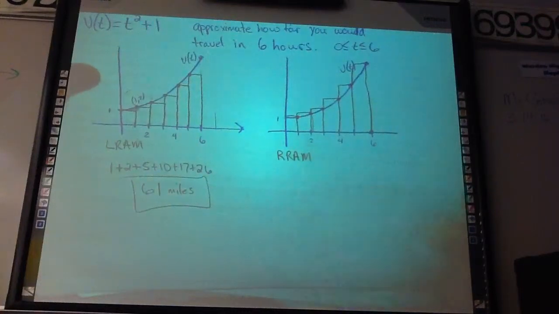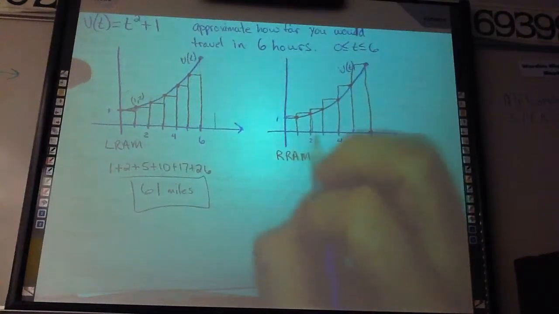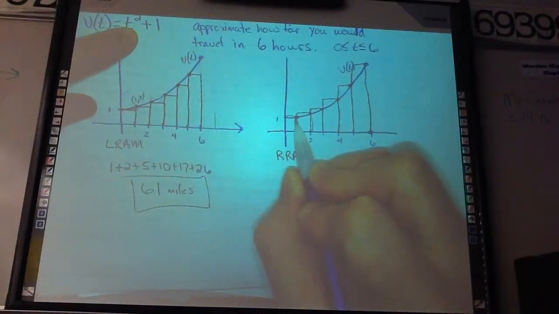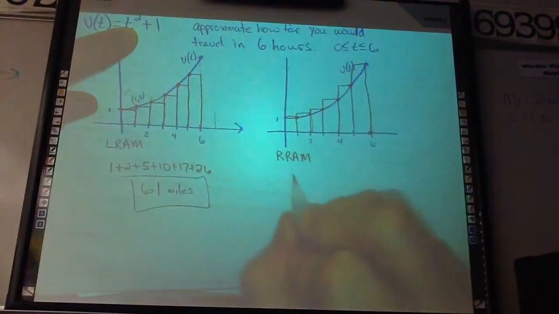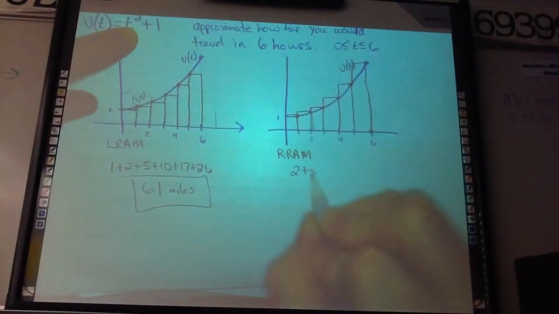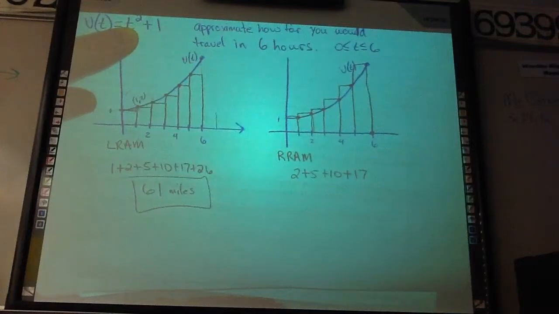So, can you do this one? What's the height of that first rectangle? Plug in 1, 2. So you'd have 2 plus 5 plus 10 plus 17. Just plug in all these, forget the first one.